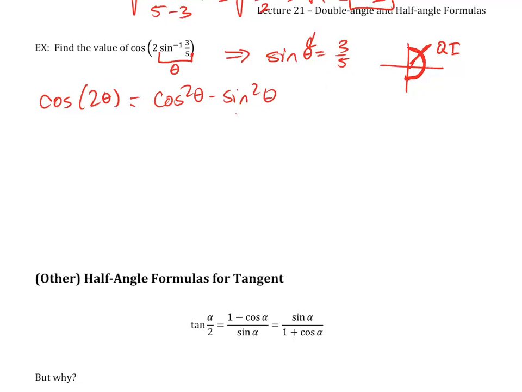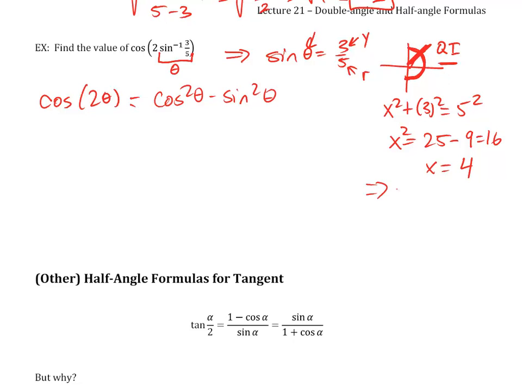So I need to know the cosine of this angle theta, and I can find it by letting the top be y and the bottom be r. So you have x squared plus y squared equals r squared, which means x squared has to be 25 minus 9, or 16. So x has to be a positive 4, and it's positive because I'm in quadrant 1. Which would mean that cosine of my angle, which is x over r, would be 4/5.